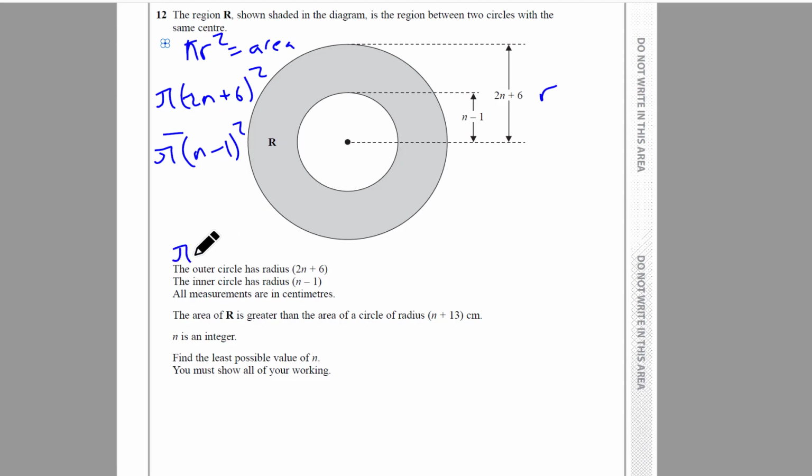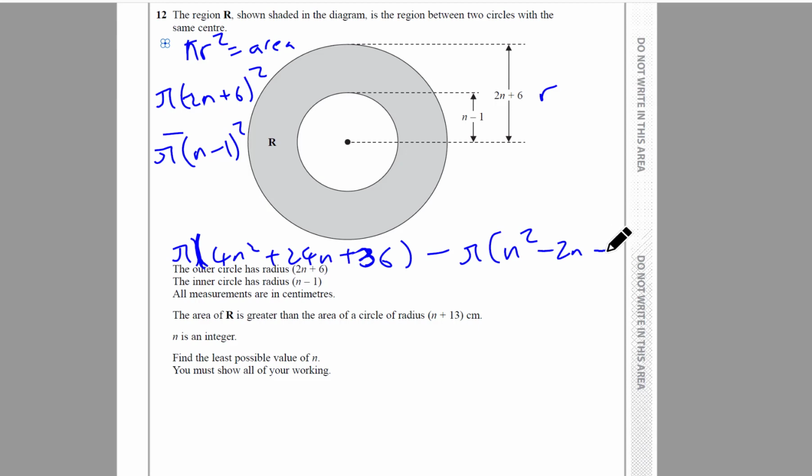So we're going to have pi times 4n squared plus 24n plus 36, minus pi n minus 1 squared, which is going to be n squared minus 2n.